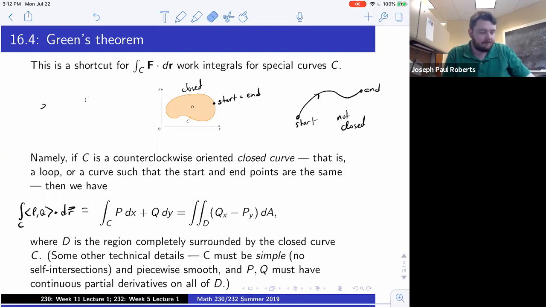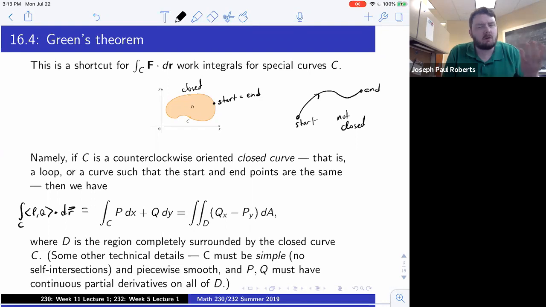But anyway, if you have a closed curve C and you're doing the work done by P comma Q, that vector field, it turns out that it's equal to the double integral of Qx minus Py. So you take these partial derivatives and combine them in that sense, and that's the idea.